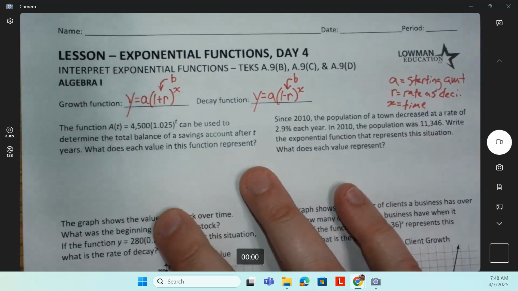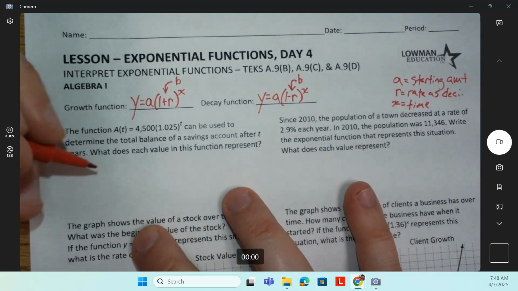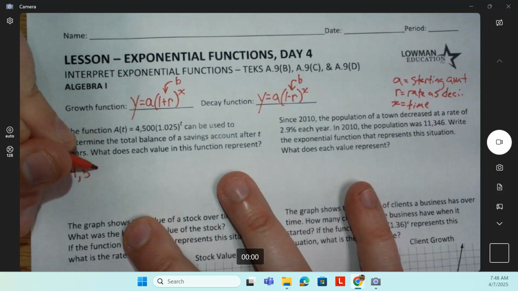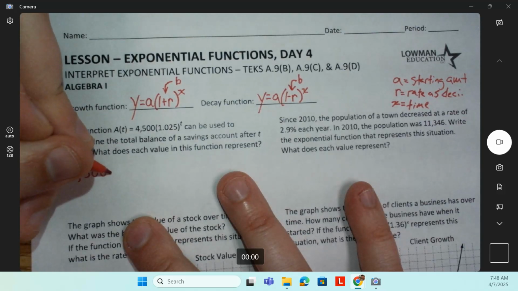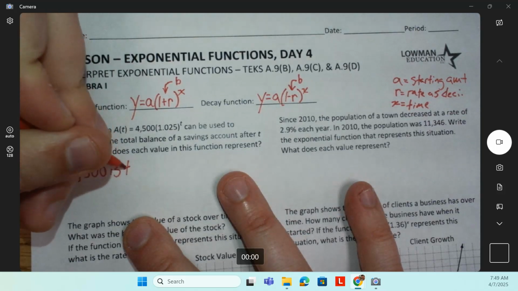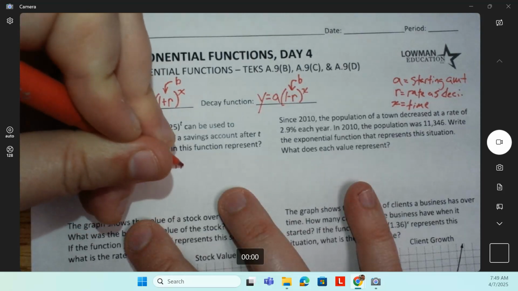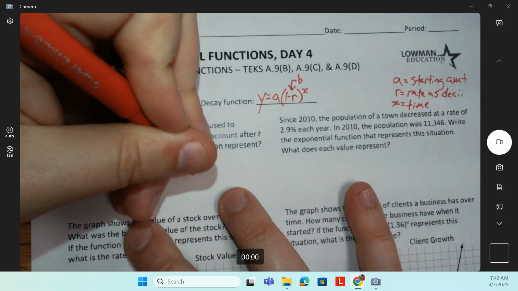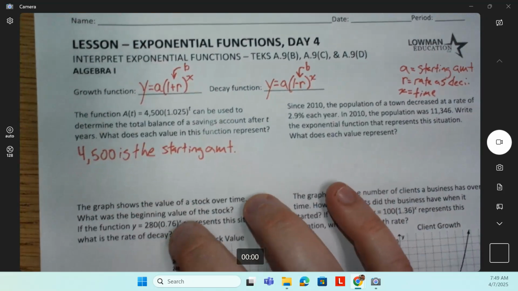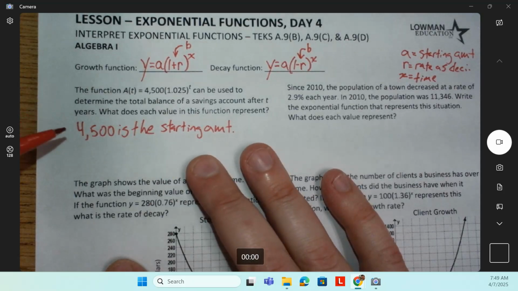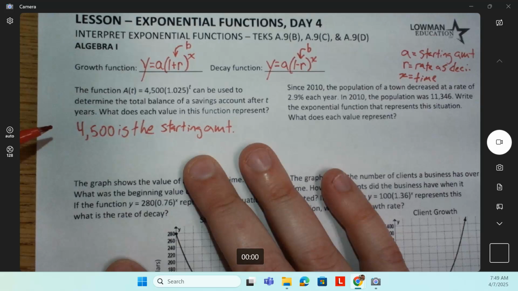So we have 4,500 is the starting amount. Starting amount, you could write that as the initial investment, the money that the account starts out with.